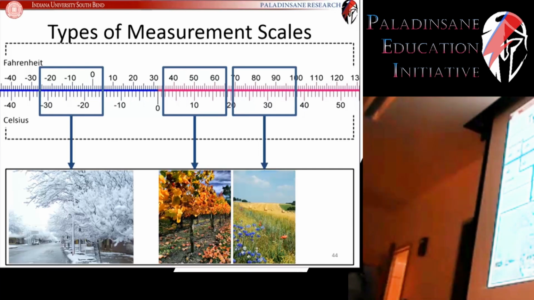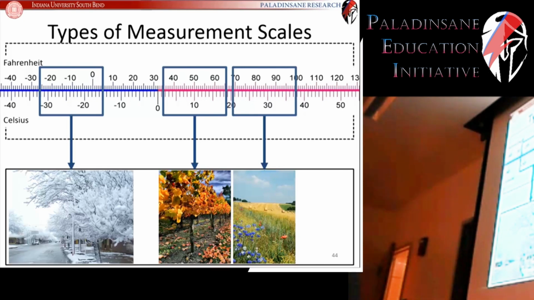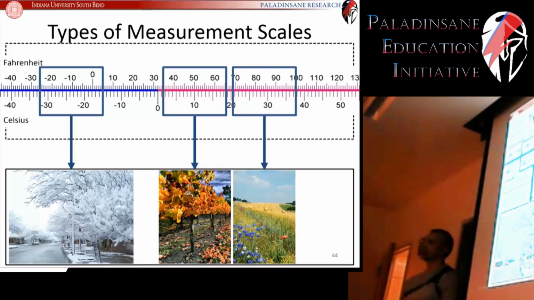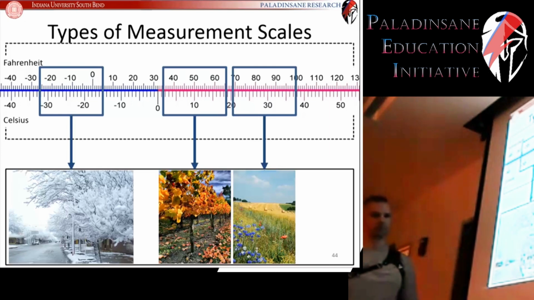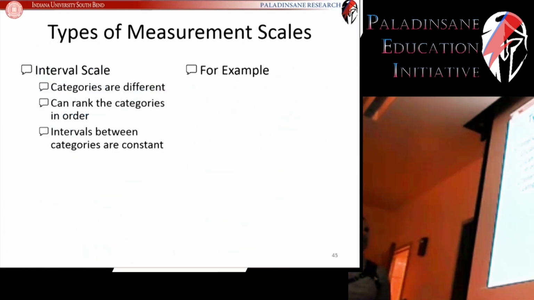That leads to this one-to-one parallel structure, and that's what makes an interval scale an interval scale. When there's a small interval in the true scores, there's a small interval on the measured scale. When there's a large interval between the true scores, there's a large interval between the measured scales. That's what makes an interval scale. So on an interval scale, we have those three features.